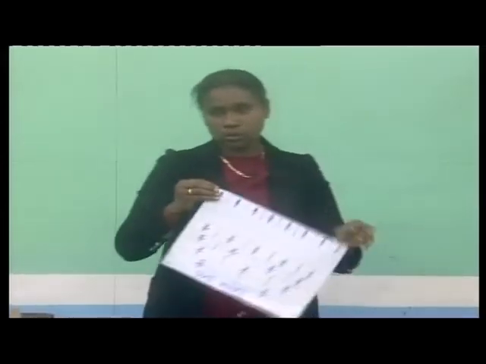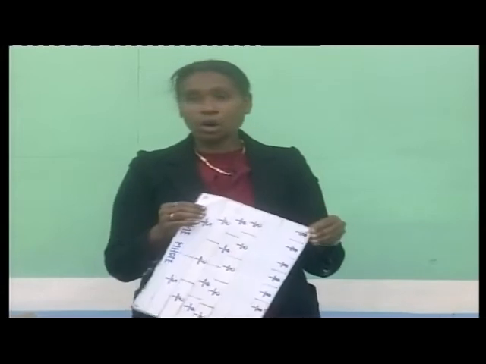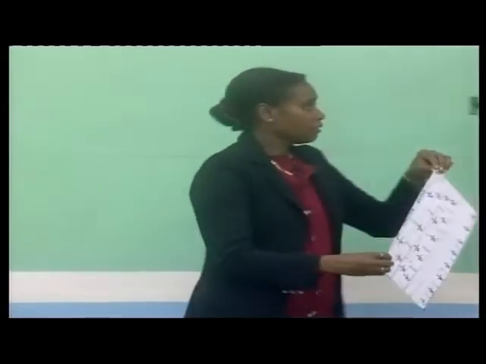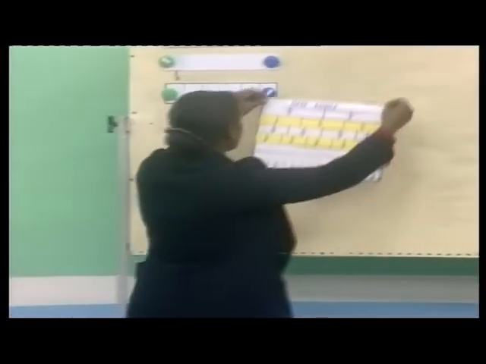You folded one paper into 3 parts, and the other paper you folded into how many parts? 4 or 5? 5. So we did 2 of those in our previous lesson. So in our recapping exercise, we have come up with another 2 fractions that will now complete our fraction wall.